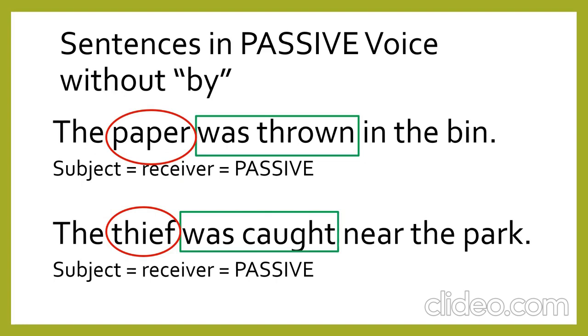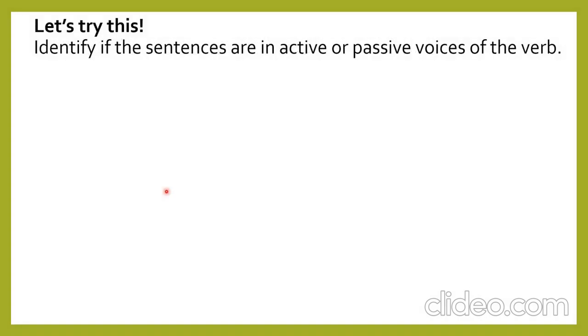I hope that's clear. Just think if the subject is the receiver or the doer of the action. That will tell you whether it is active or passive voice of the verb. I hope everything is clear to you now. I hope you understood how to identify a sentence in active and passive voice of the verb.